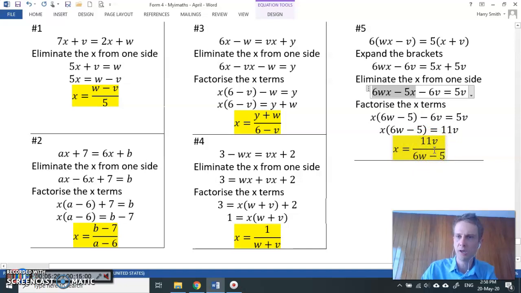Just a little shortcut, I'll just show you on this one here. What you might find a little bit easier when it says eliminate the x from one side, going from this equation to that one, you might like to move the vx onto this side and the w onto that side in one step.